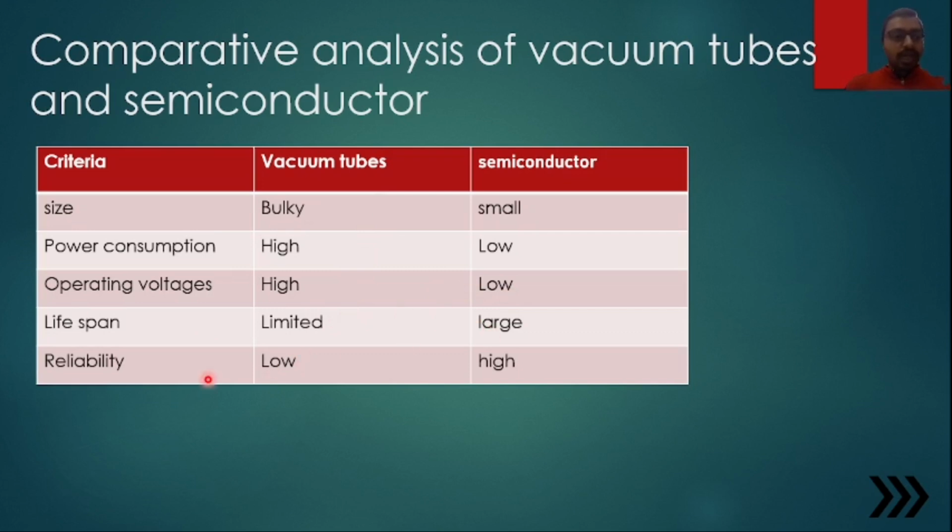If we talk about reliability, vacuum tubes are less reliable and semiconductors are highly reliable. So in conclusion, both devices serve the same purpose, but we use semiconductors because they are better than vacuum tubes in various parameters, as we have seen.